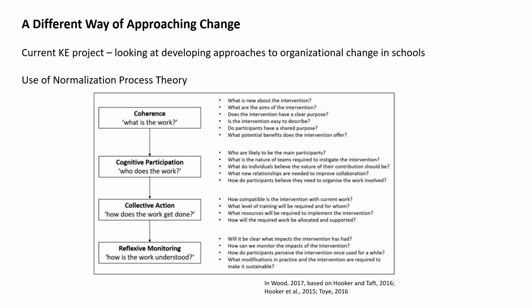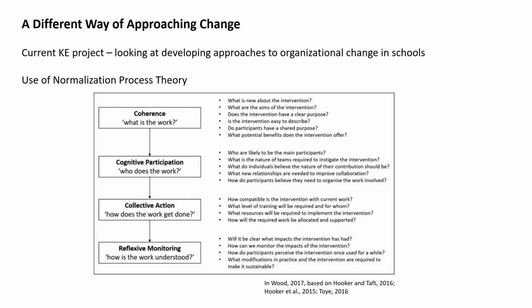What are the benefits, why will this be a good thing to do, and what's the evidence for that? Can we describe it clearly to ensure that people involved in this project have a clear shared purpose and a shared understanding of how their practice is going to change?